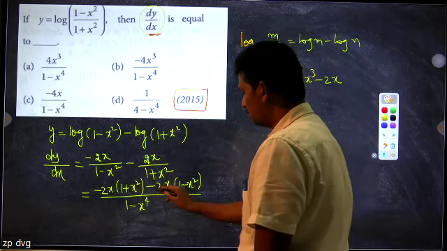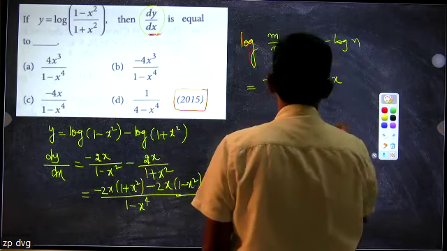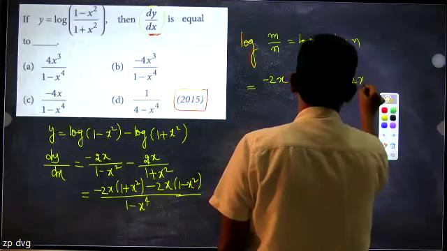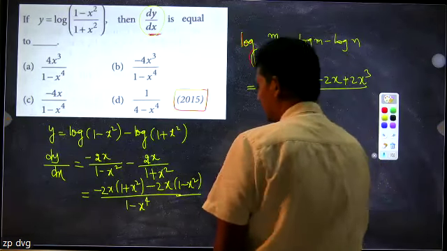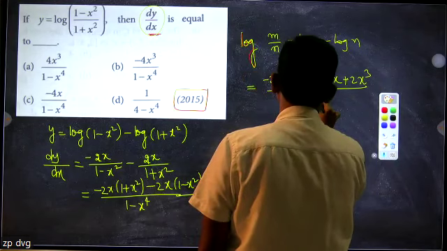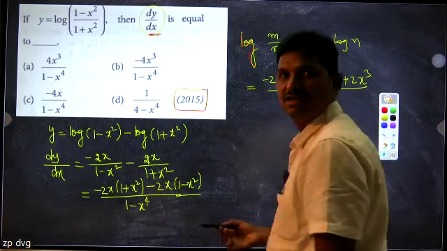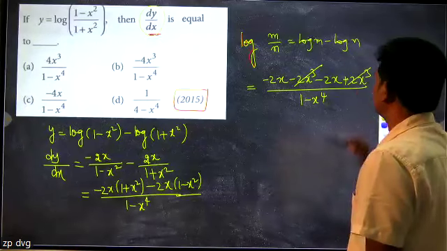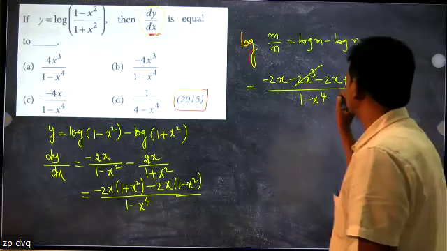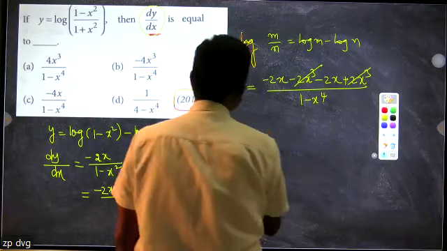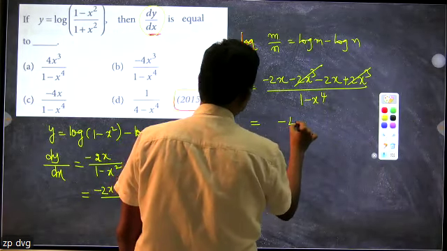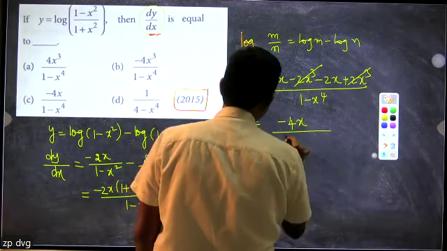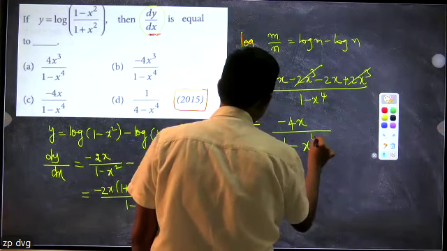Look at this, minus of minus plus, plus 2x cube divided by 1 minus x power 4. You can see here this minus 2x power 3 plus 2x power 3 will get cancelled. Minus 2x minus 2x is minus 4x divided by 1 minus x power 4.